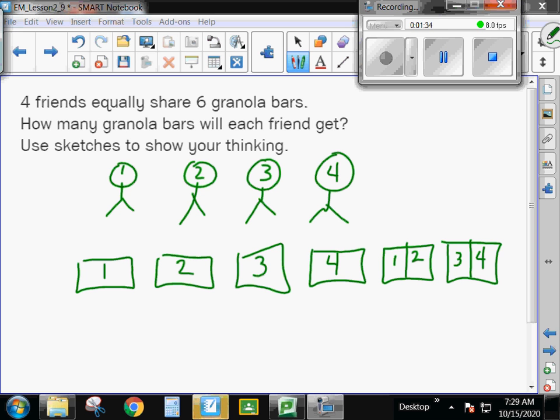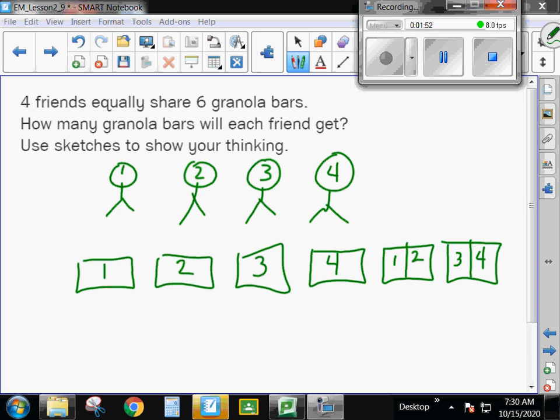Okay, a lot of times when I have boys and girls model this problem, now your picture may look completely different from mine, but this is a picture that I get often. So they're showing their 4 friends. We have just our 4 stick figures up here, just real simple stick figures.